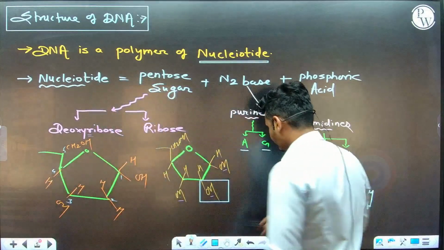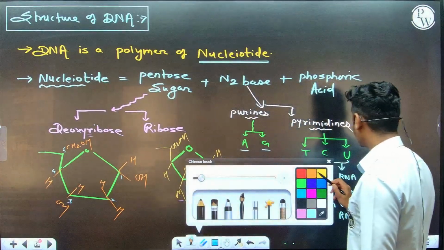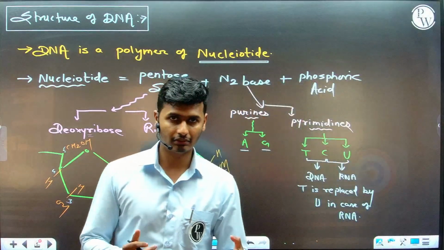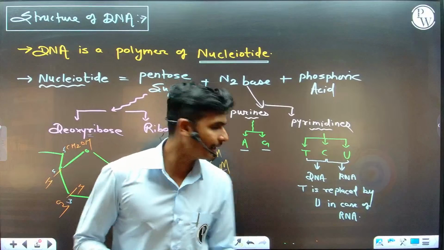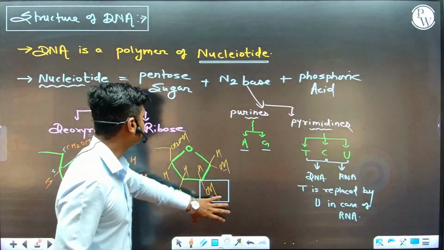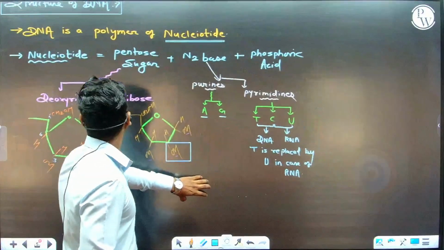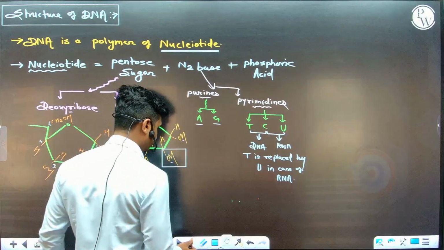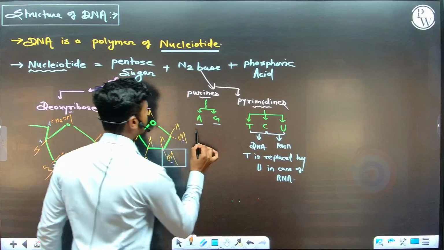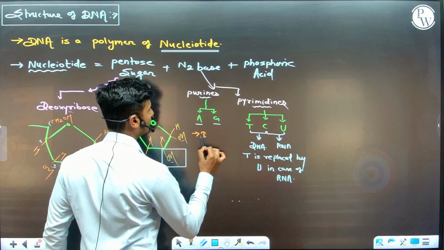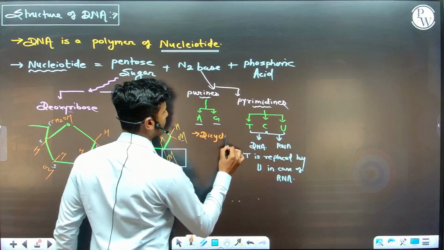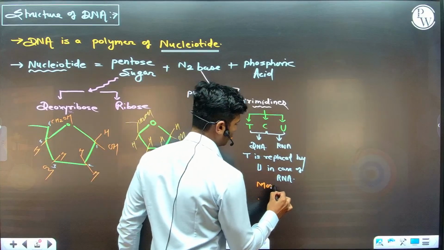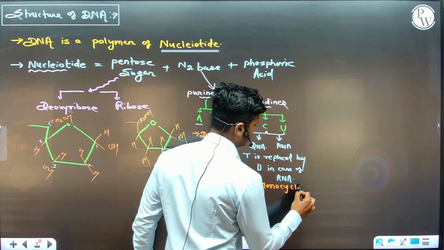Now, about the purines and pyrimidines, we can say a little more in detail. I am going to write something here. One point I am writing here: purine is dicyclic and pyrimidine is monocyclic.